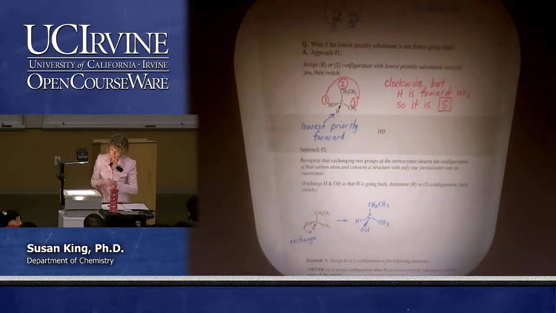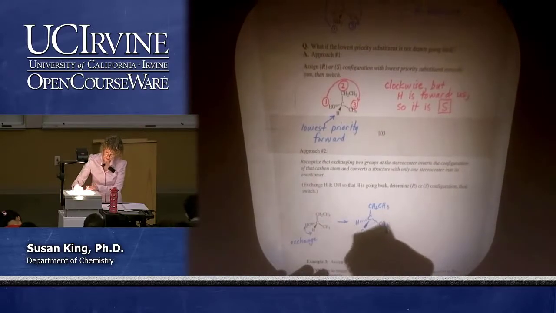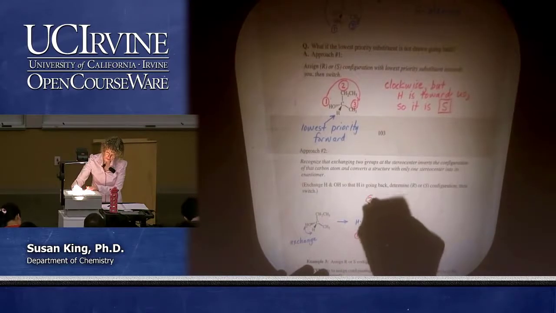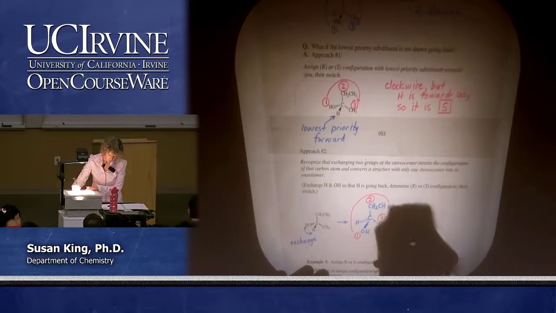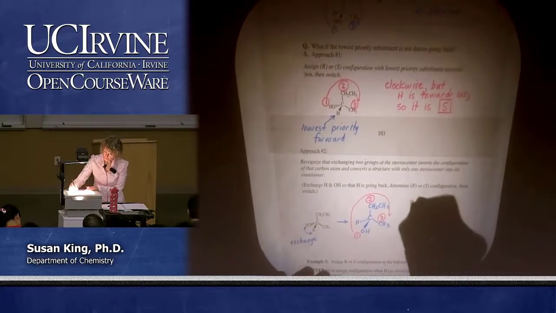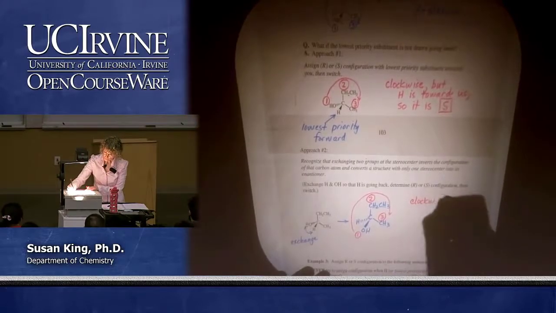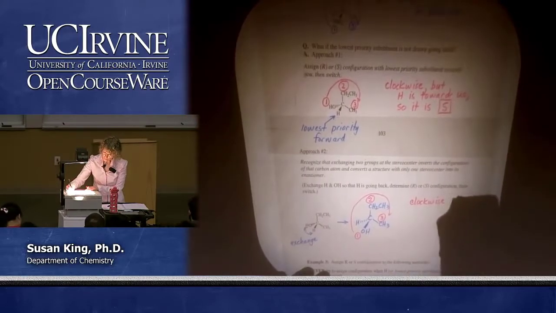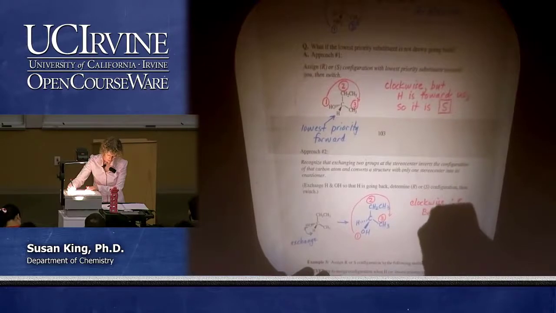All right, so now I'm going to prioritize them. We already did that on the previous page. Hydroxyl first, ethyl second, methyl third. That is clockwise. Therefore R, but I switched two groups.